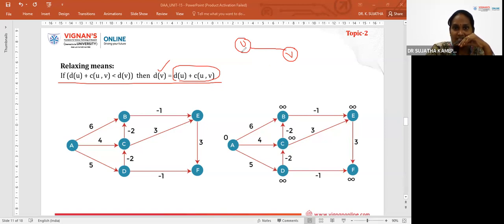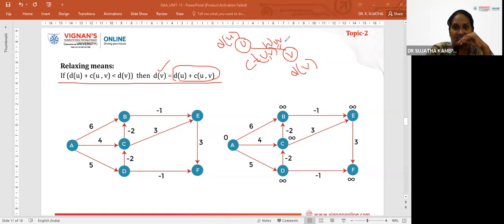Now, initially we have a distance for the vertex u, and we have a distance for the vertex v, and there is a cost assigned to this edge. Let us say it is w(u,v), the weight assigned, which is nothing but the cost of this edge, cost of u comma v.